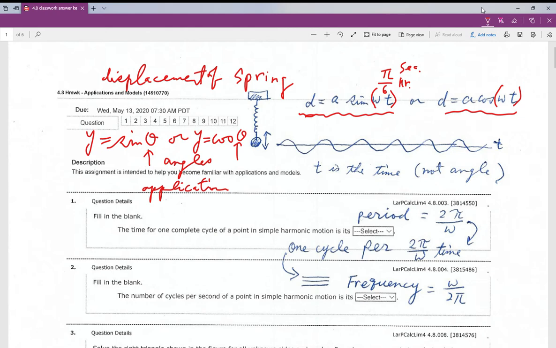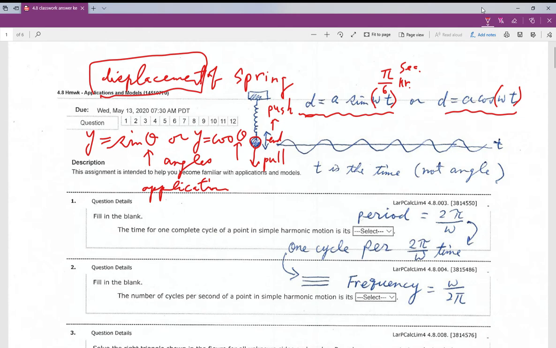Okay, so right now we are going to talk about a spring, and when you stretch or shrink the spring, you can pull the spring or push the spring, then the end of the spring may have a displacement.